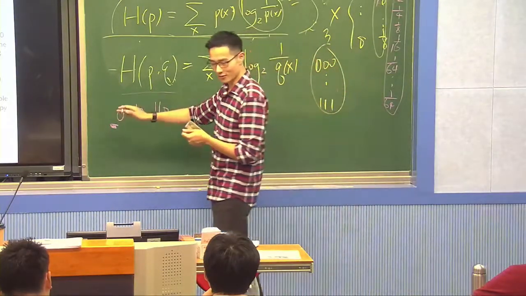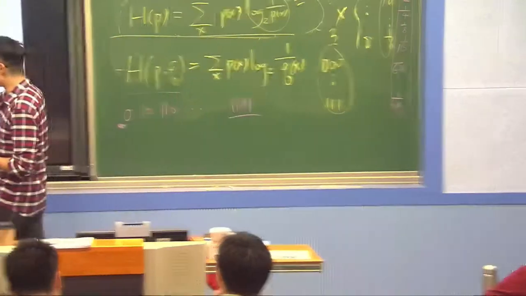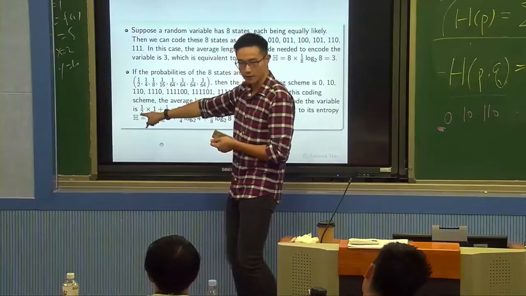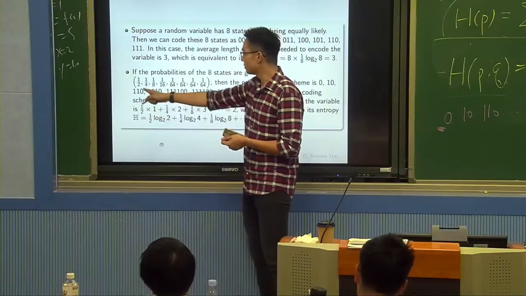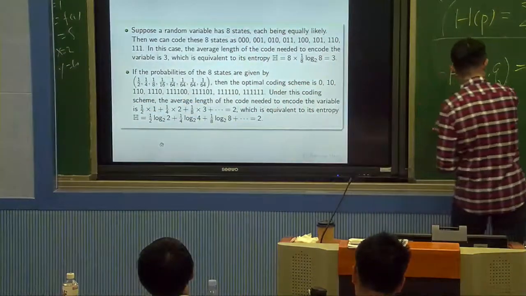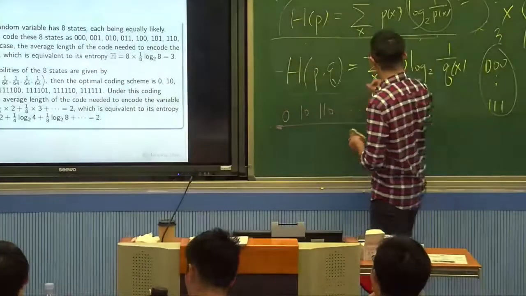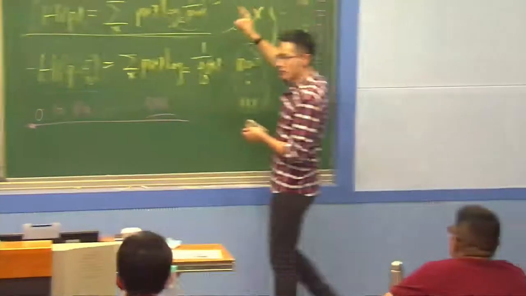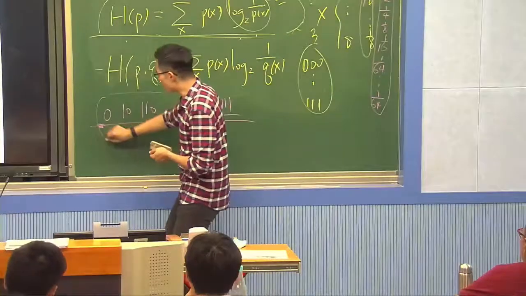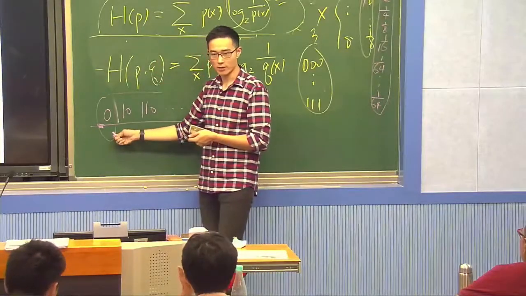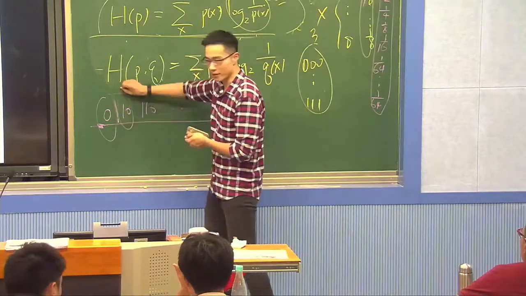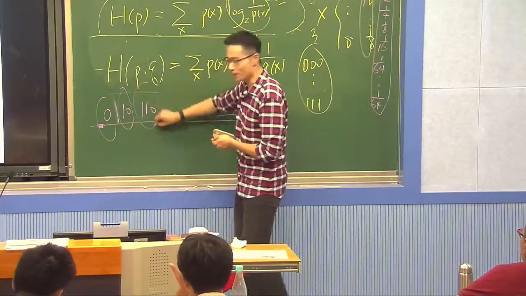You can do the math yourself, right? It's basic here, because with 0.5 probability, I only need one bit. Remember, the first state has probability 1/2. So with 1/2 probability, I only need 1 bit to code the random variable, correct? And then with 1/4 probability, I need 2 bits. With 1/8 probability, I need 3 bits.